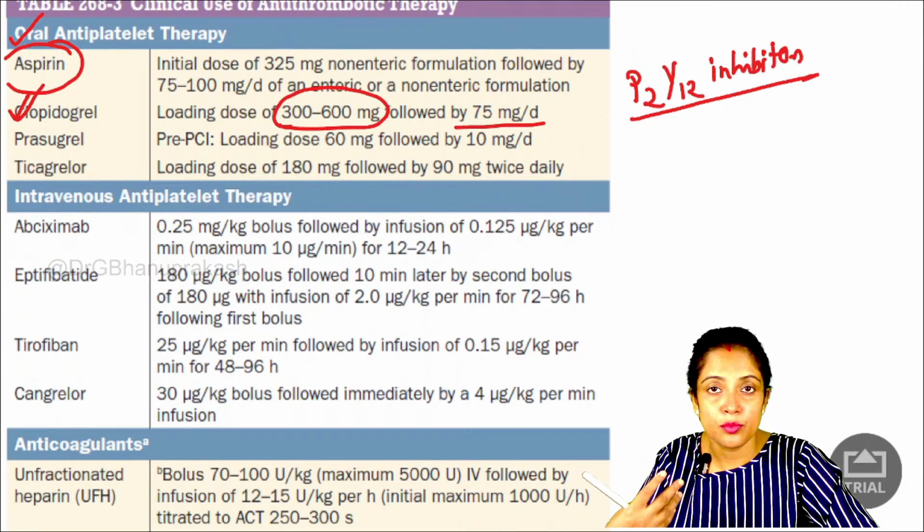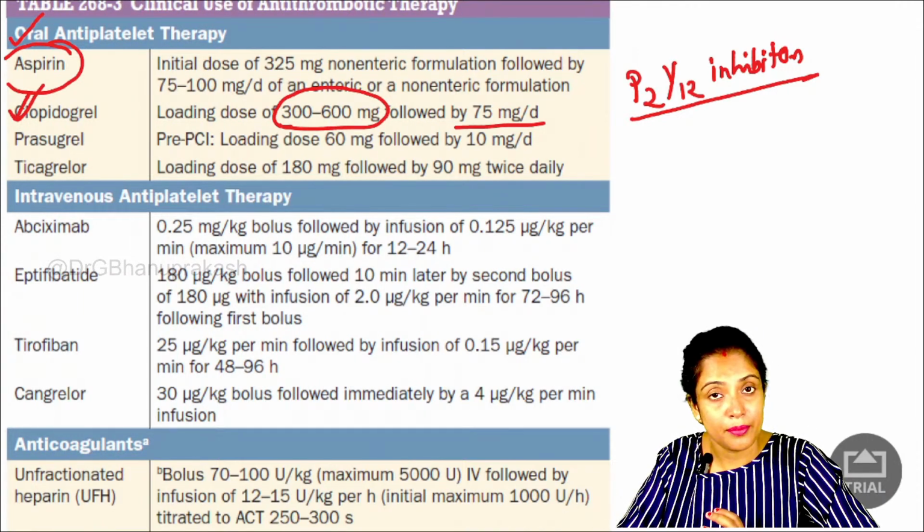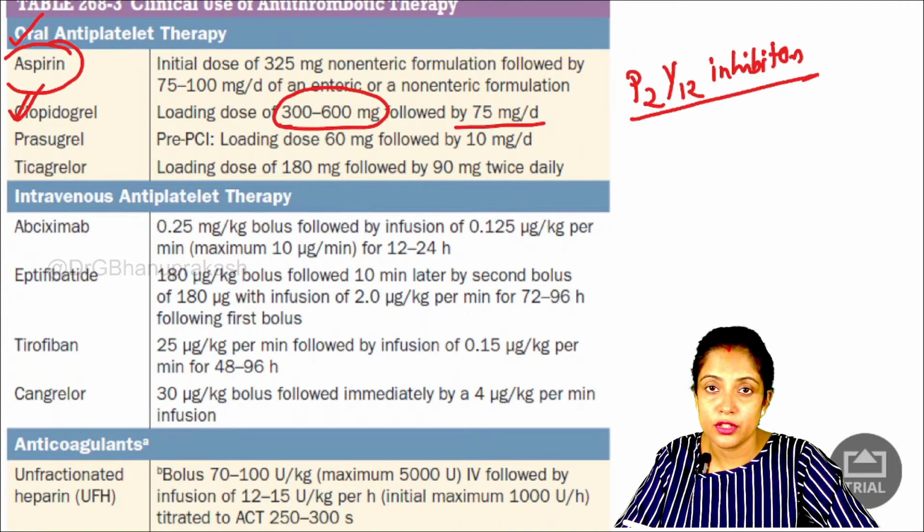Different authors or different books will have different opinions regarding the dual antiplatelet. In standard books, you find that the combination of aspirin and clopidogrel should be continued for a period of 1 year, and after that clopidogrel can be stopped and aspirin continued indefinitely. In clinical practice, we usually advise aspirin for lifelong.